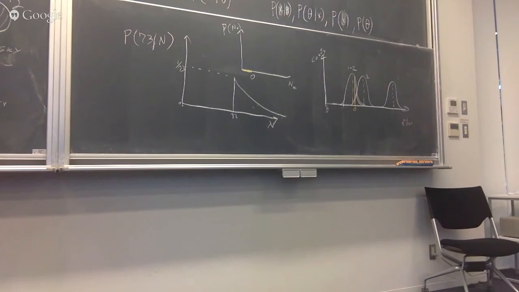I mean, it must die down at the massive end and then has some power law distribution. Yeah, some power law distribution.